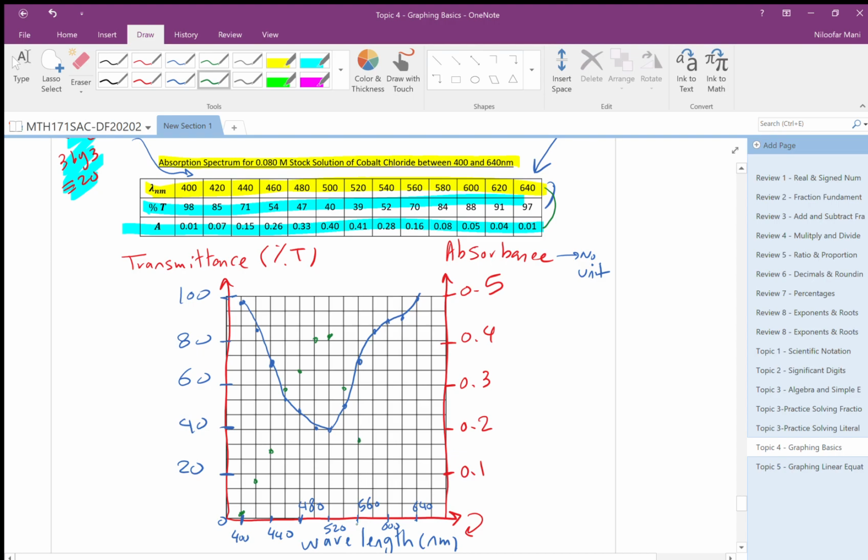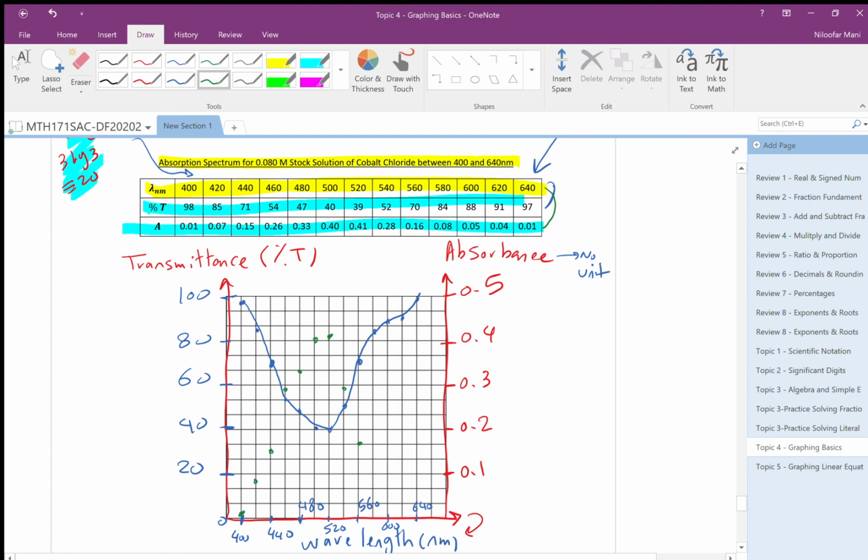Okay, 0.16, let me see. Yes, it must be 560 and 0.3, maybe, and it must be here. Okay, and they are all almost.